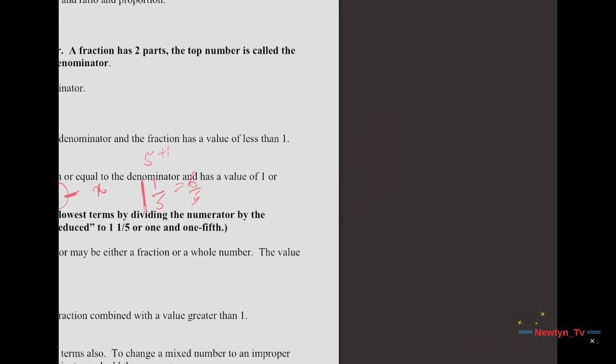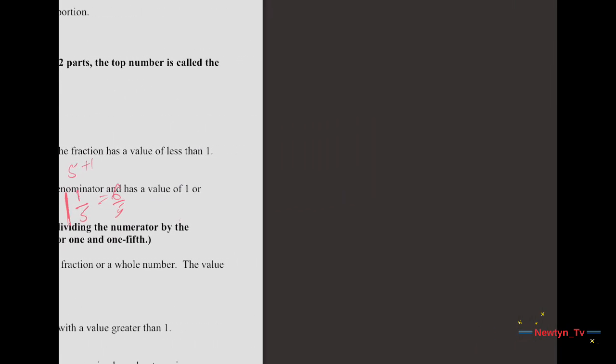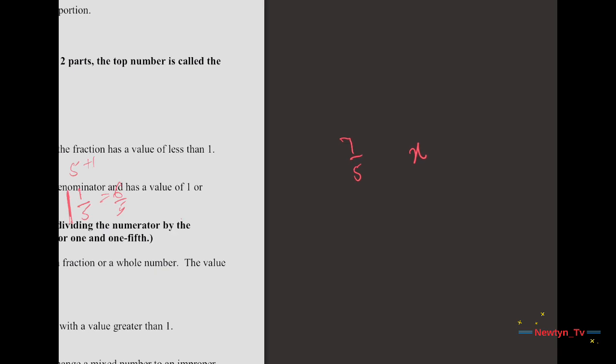Let's take another example right here. Let's say we have 7/5, right? How do we reduce this to a proper fraction? We want a number x that when we multiply by 5, we get 7 or closer to 7. Which number is that? 5 times 1 will give us 5, which is closer to 7.